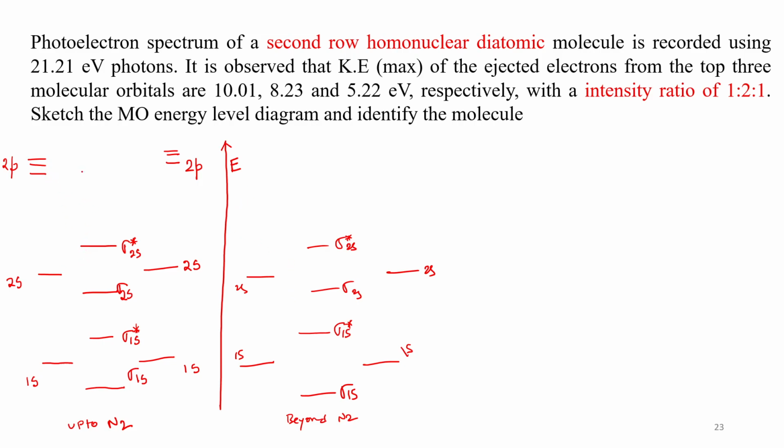In the case beyond nitrogen, the 2pz orbitals form sigma 2pz, and there is a large gap, so the sigma 2pz and sigma star 2pz stay like this, with the pi orbitals and here the pi stars.